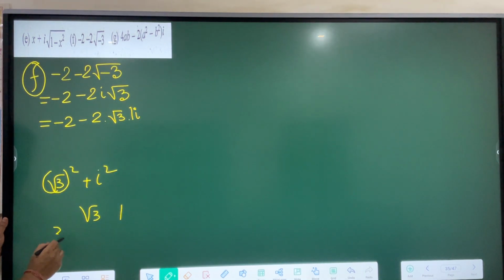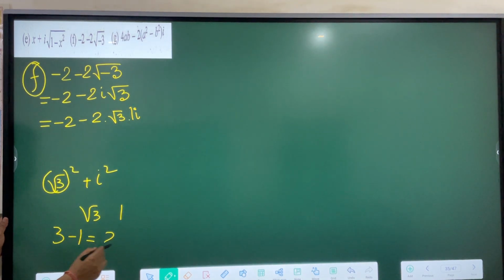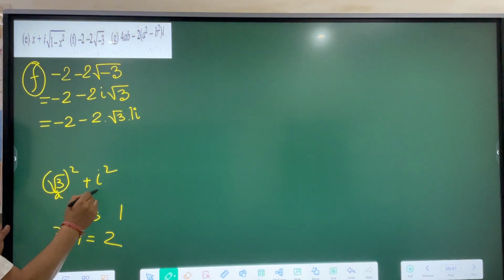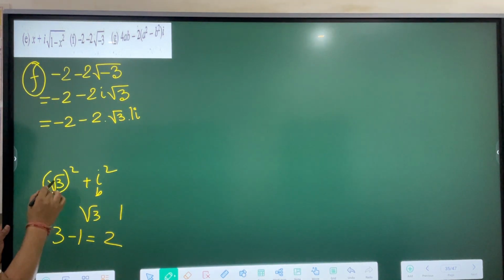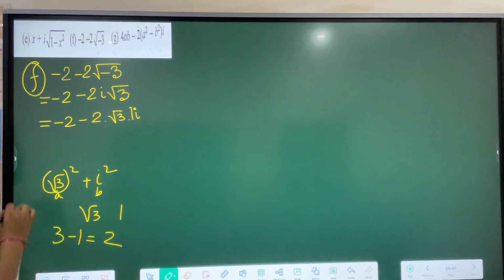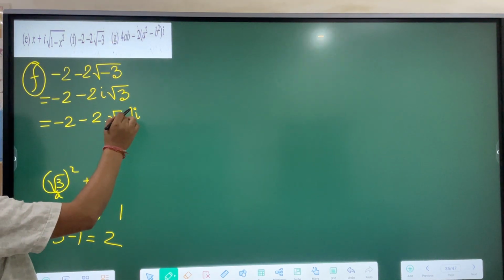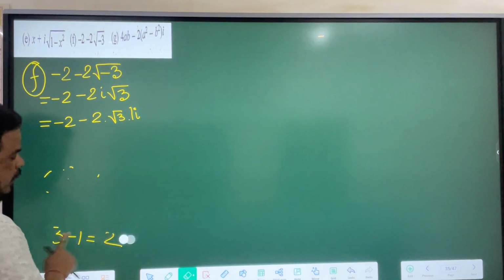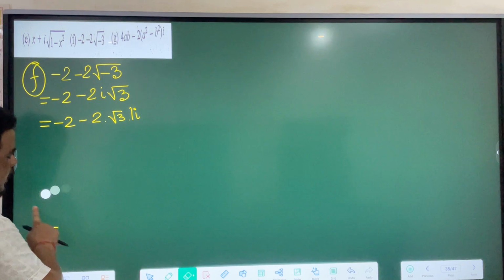What is the calculation? 3 minus 1 equals 2, but there is minus 2. If you take this one a, this one b, then root 3 square is 3, i square is minus 1, 3 minus 1 is 2, but there is minus 2. That means i we cannot take for 1. That can be done this way also. If you don't understand, this way also you can think.